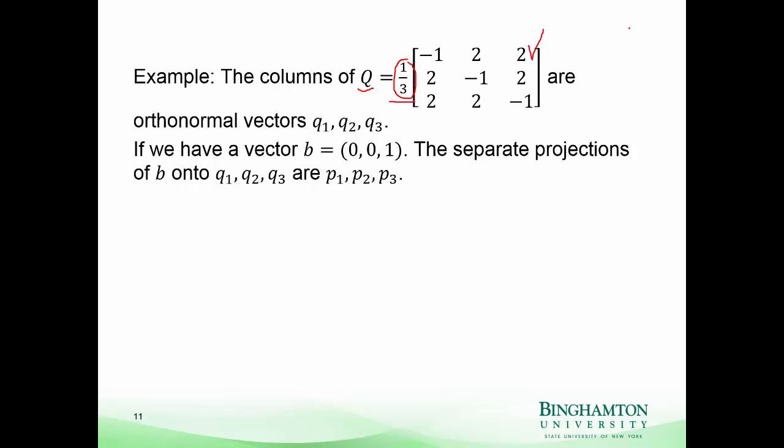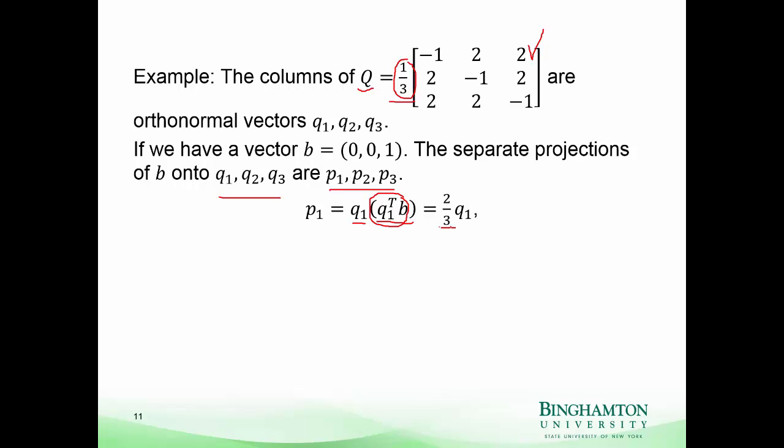So suppose we have a vector B, and we do all the separate projections onto the Q's, and we call those projections P1, P2, and P3. P1 is going to be this inner product times Q1. If you do that inner product, you will find that it turns out to be 2/3.